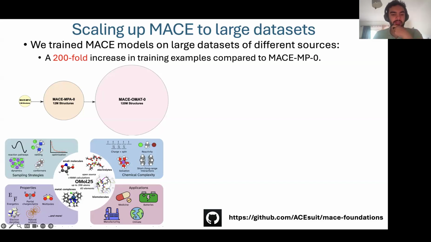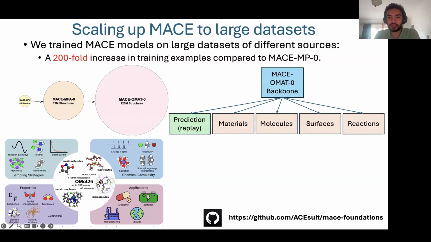So we have a collaboration with Meta that generated this huge molecular dataset of 100 million hybrid DFT calculations, and we have trained a new model that basically is pre-trained on OMAT and then fine-tuned on a lot of datasets, including surfaces, molecules, materials, reactions, and then we just use the one head of this multi-head architecture to be the final model.